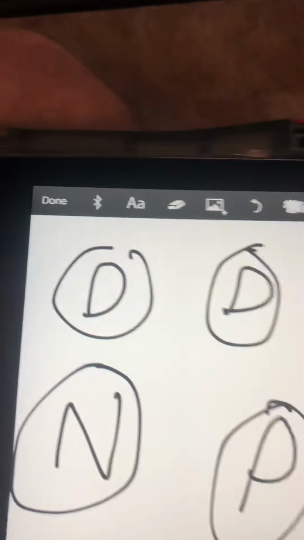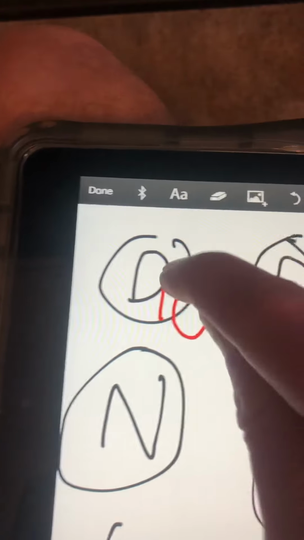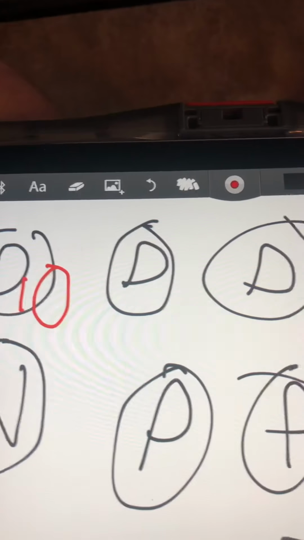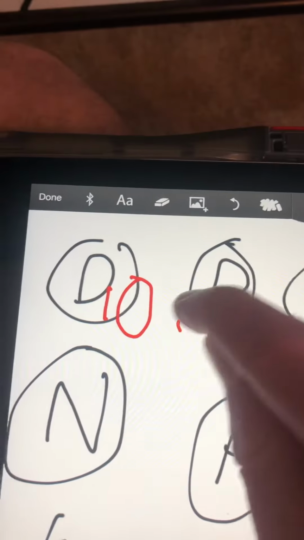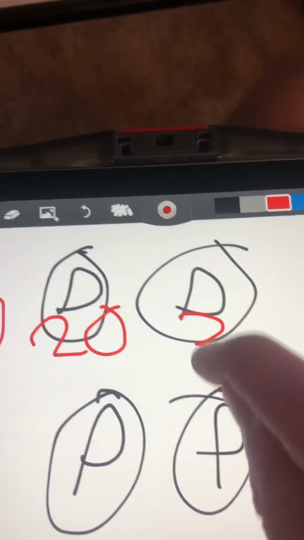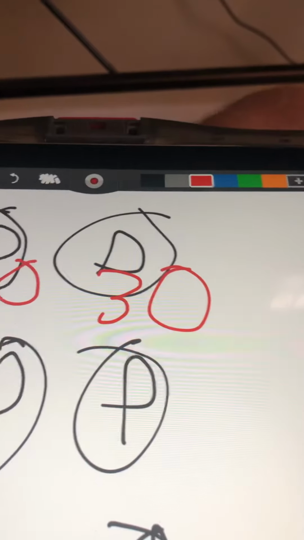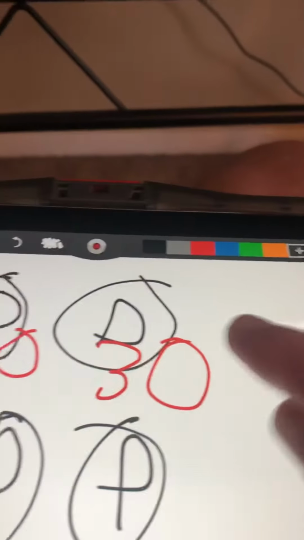Hopefully you remember that a dime is worth 10 cents. If we add another dime, we have 20 cents, because we're just adding 10. Another dime gets us to 30 cents. Well, we have the same problem we had in our last one, and that's that 30 is more than 23. So I went too far. So I'm going to have to go back and get rid of this dime, because that puts us above 23.